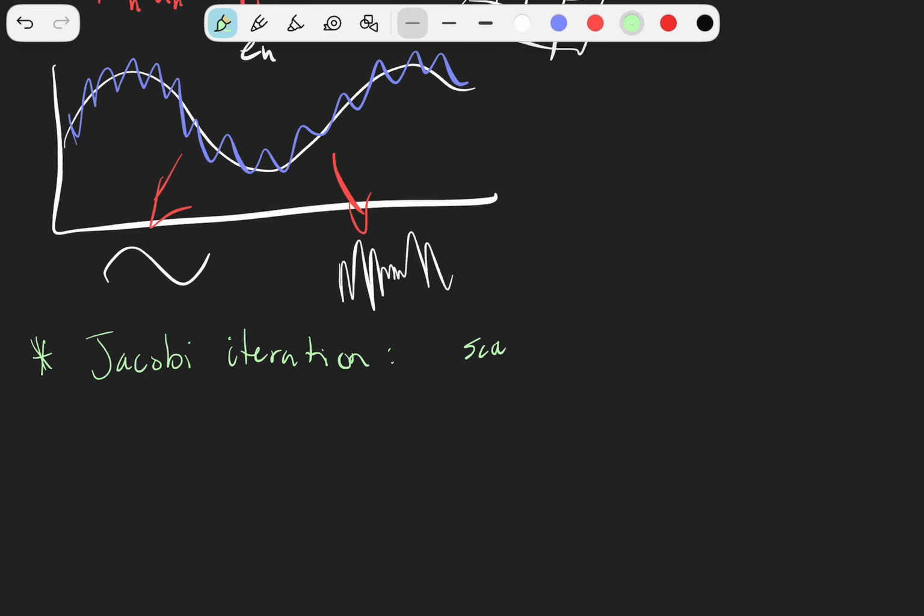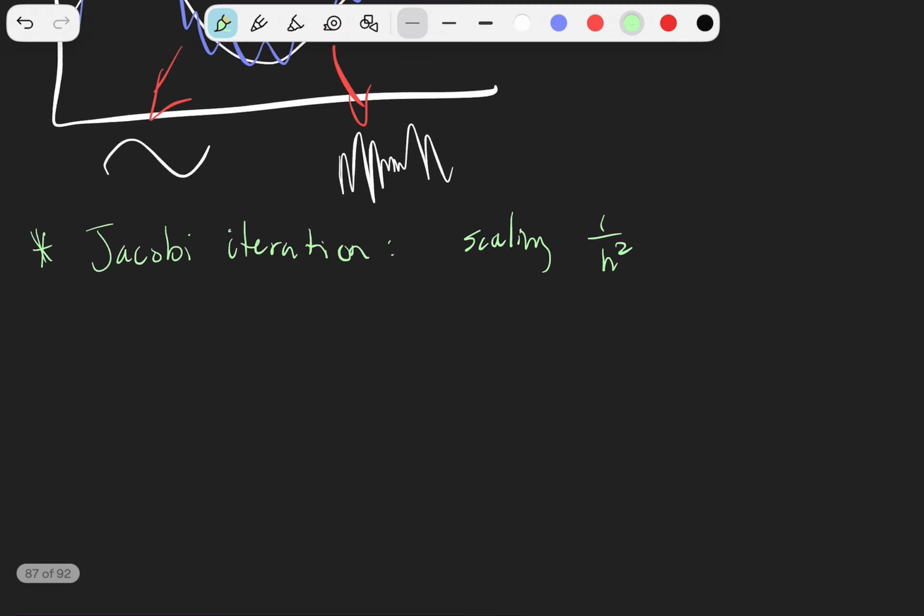So we just have like some scaling of 1 over h. All right. And what's happening is we can have some u sub j. We're going to use the same notation that we did for a previous episode, except we're using M here instead of N. And M just represents the smoothing.